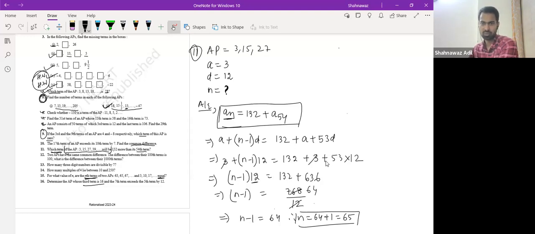Sir, for this question, we can also find the 54th term and add 132 to it and find the n for that number also, right? Yeah, because it is the same. You find the 54th term, then you add 132, and that would be your AN, right?